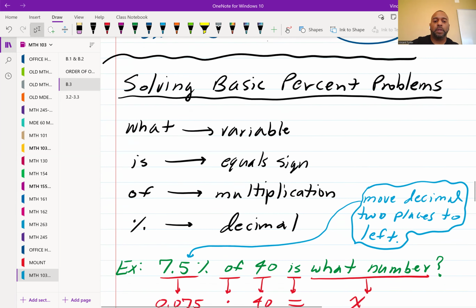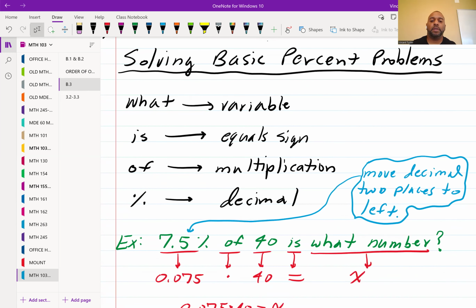All right. So 7.5% of 40 is what number? When we look at converting a percent to decimal, we're gonna move our decimal 2 places to the left in order to convert it. So that's what I did right here with that 7.5%.